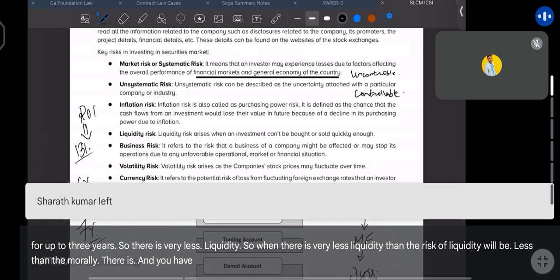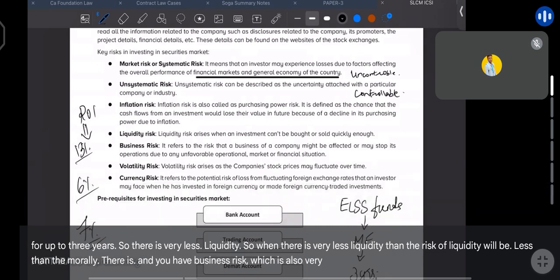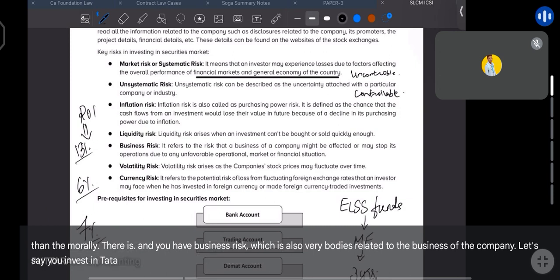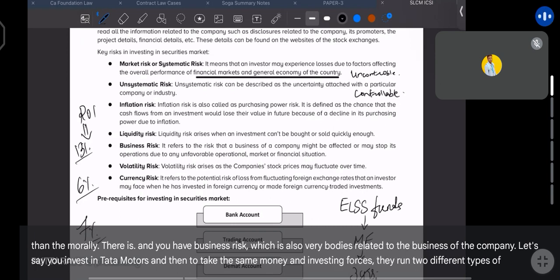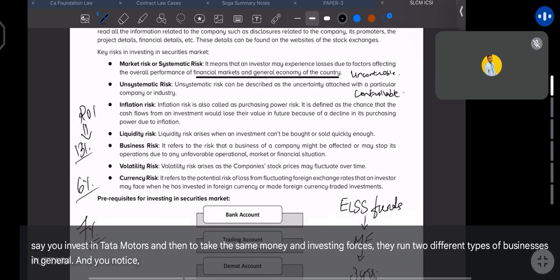Then you have business risk, which is related to the business of the company. Let's say you invest in Tata Motors and then you take the same money and invest in Infosys. They run two different types of businesses, and their operations are different.